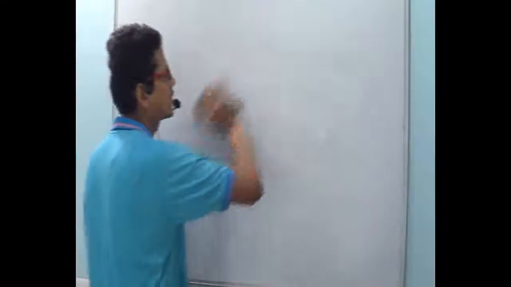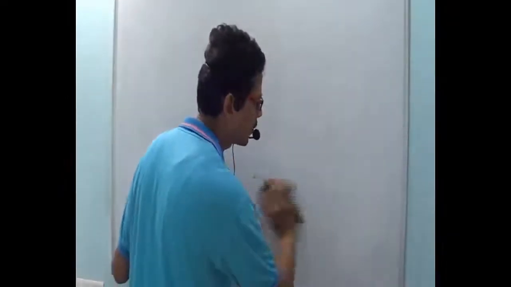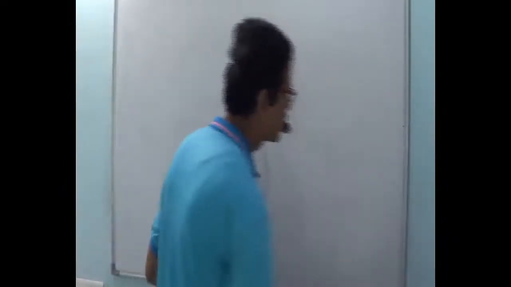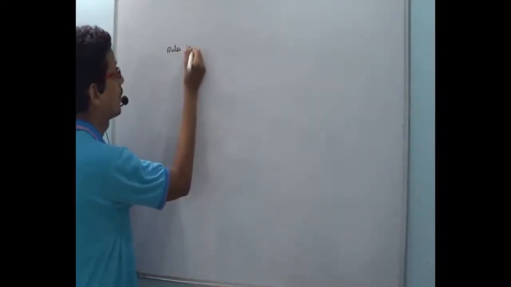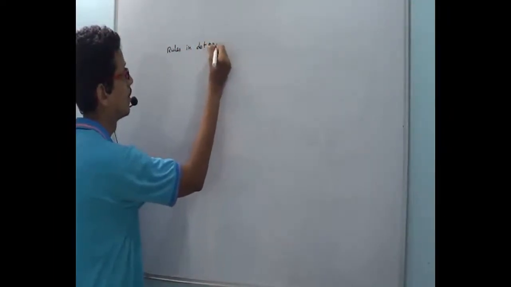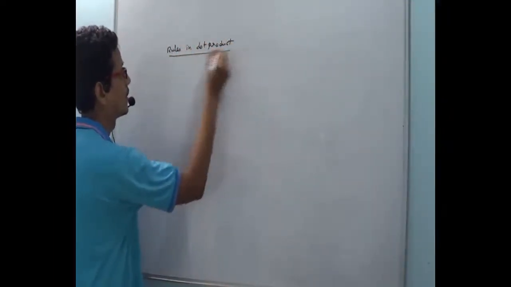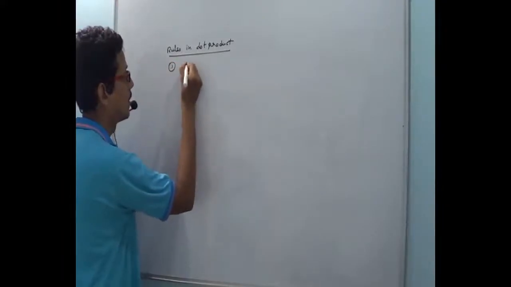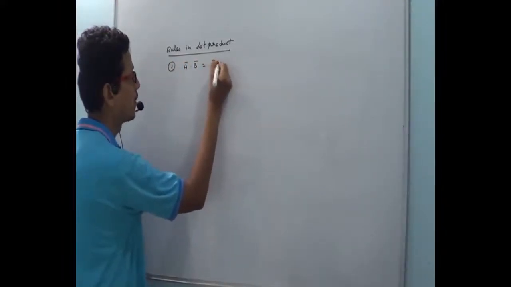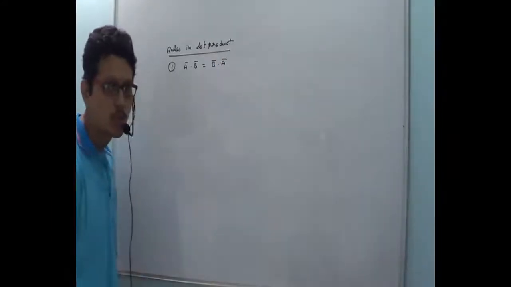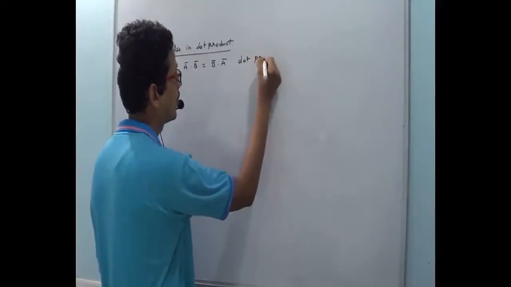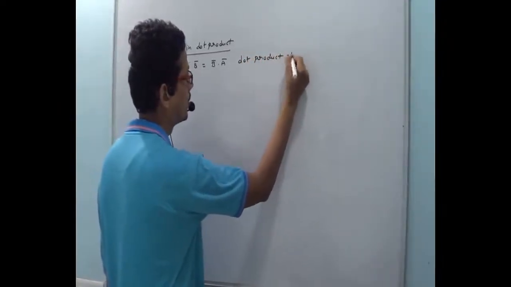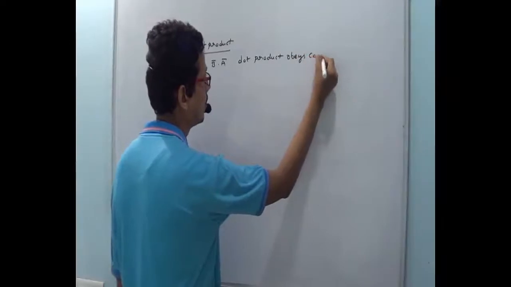So the first rule: the scalar product or dot product obeys the commutative law. A bar dot B bar is the same as B bar dot A bar.